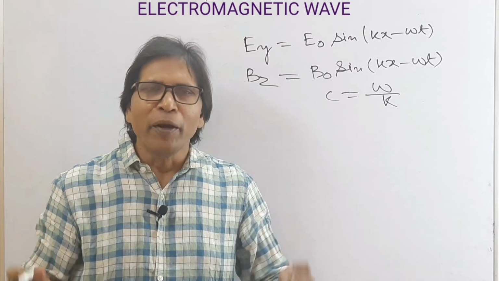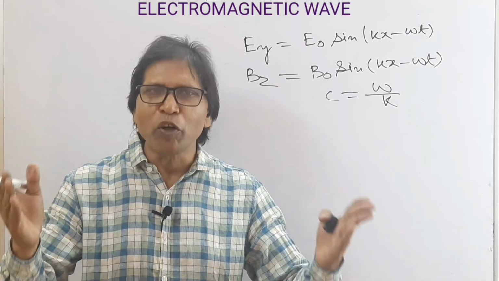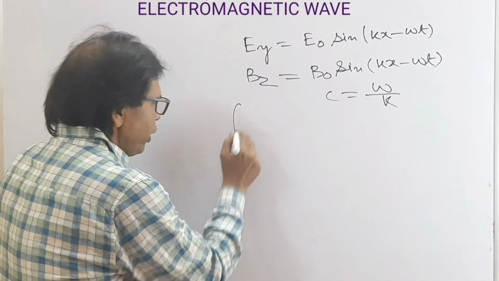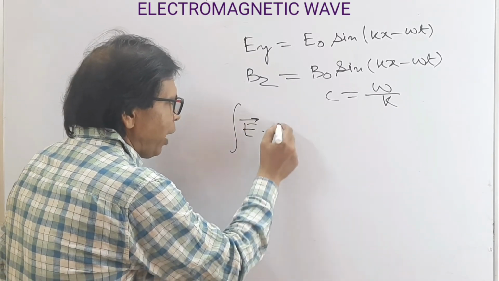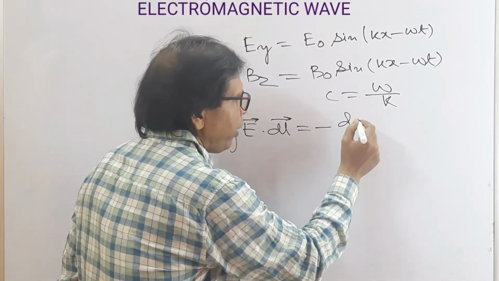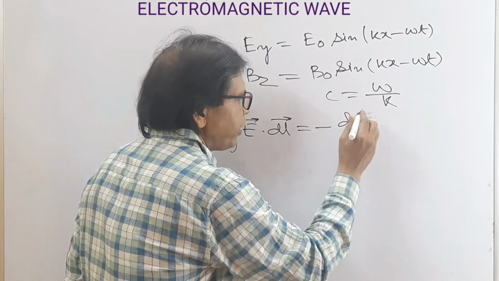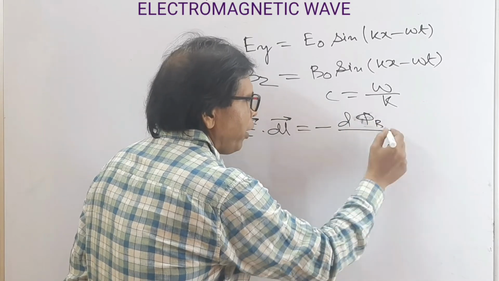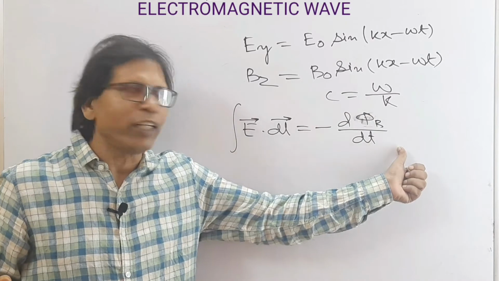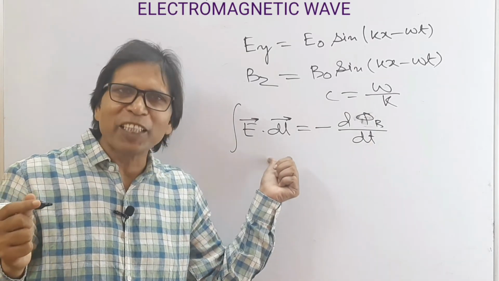Okay. From Faraday's law of electromagnetic induction, we know E vector dot dl vector equals negative d phi B by dt. That is, a changing magnetic field produces an electric field.